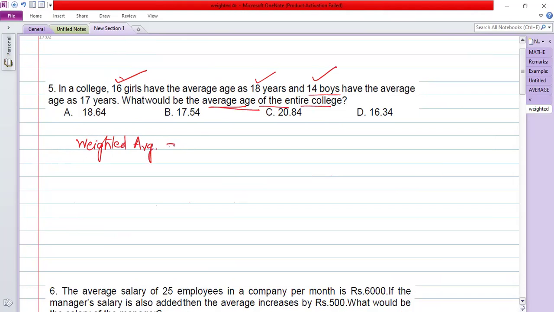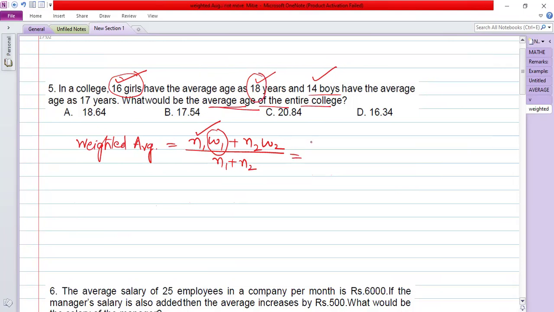So this will be nothing but N1 W1 plus N2 W2 divided by N1 plus N2. Here, what is N1? N1 is 16, and W1 is the average of these 16.